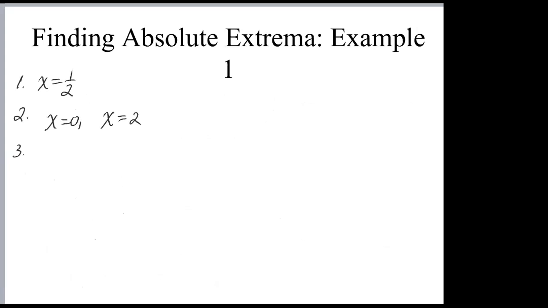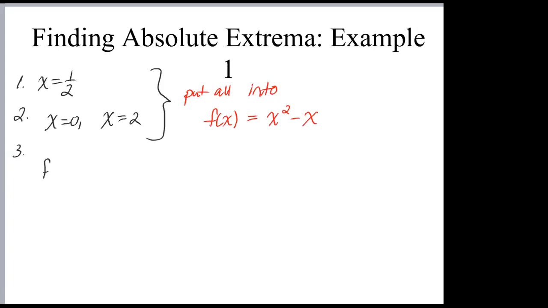I'm going to put all 3 of those into the original function f of x is equal to x squared minus x. The function, not the derivative. I'm looking for y values here.